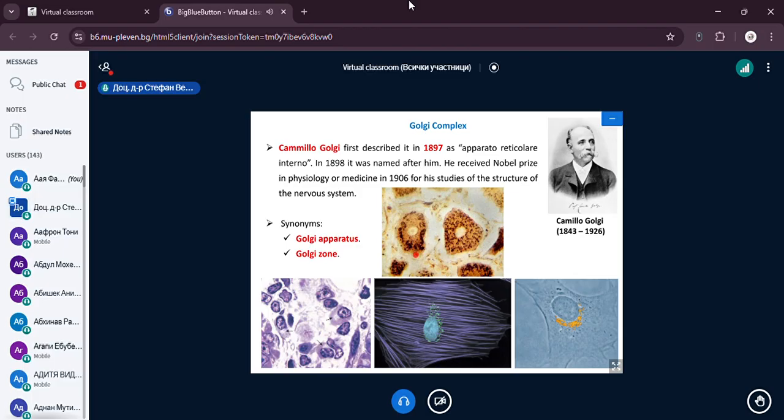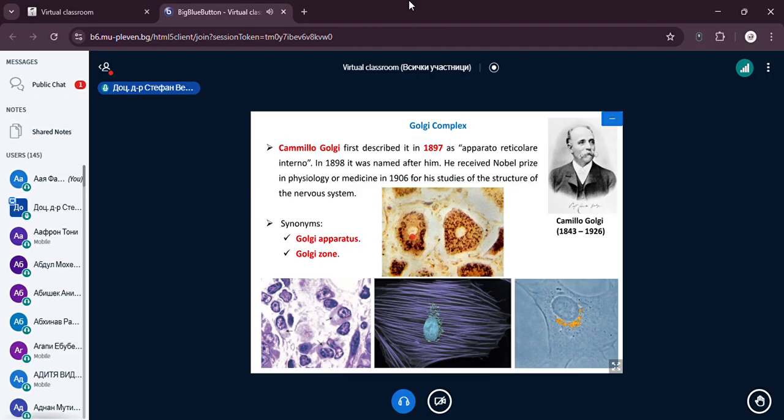And when doing this silver impregnation, he noticed that in the cytoplasm of these neurons, there are many tiny black or dark brown deposits of silver, dispersed usually everywhere in the cytoplasm, but most typically they are seen close to the nucleus of the cell.